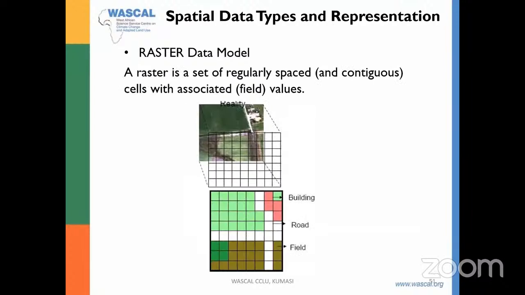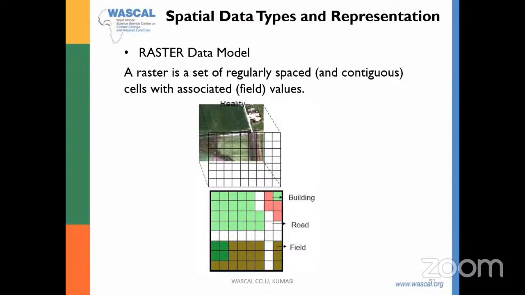The raster is a set of regularly spaced cells with associated values. Each cell has a value which is representing reality. So if we have buildings, or different kinds of vegetation, they all will have field values that describe the phenomenon at regular grids.